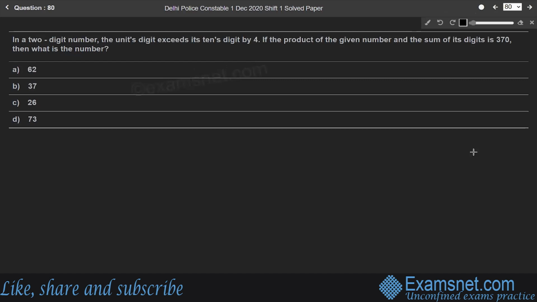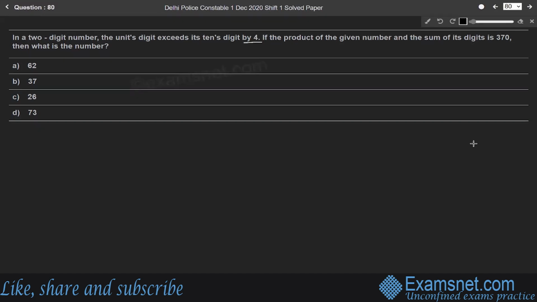Question 80. In a two-digit number, the units digit exceeds its tens digit by 4. If the product of the given number and the sum of its digits is 370, then what is the number? So, the units digit exceeds its tens digit by 4.